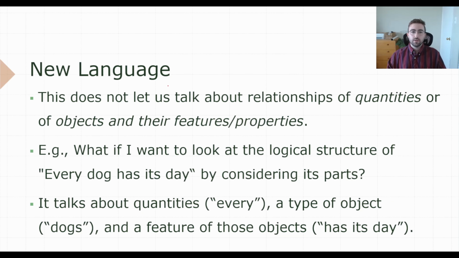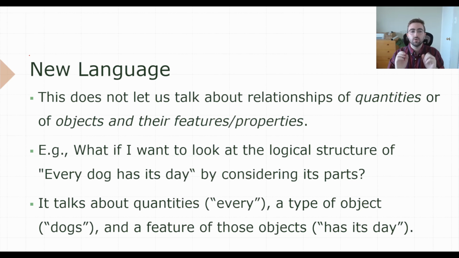But this doesn't let us talk about the relationships of quantities or objects and their features that we might want to talk about sometimes when we're thinking about reasoning, when we're thinking about logic, right? So, sometimes I'll want to talk about qualities where, if we want to say, well, all dogs have fur, then we need to talk about having fur as a property of being a dog or something, right?